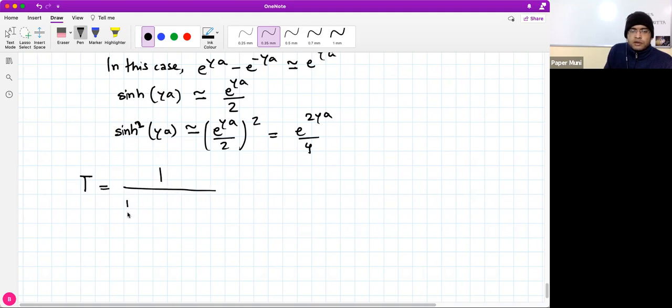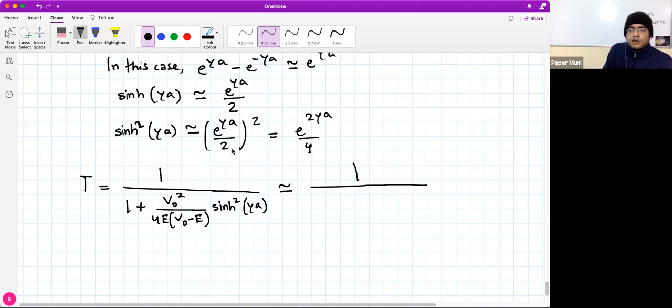The transmission coefficient is like this: 1 plus V naught square divided by 4E, V naught minus E, times sine hyperbolic square gamma a.